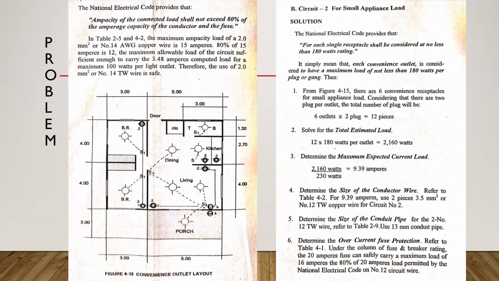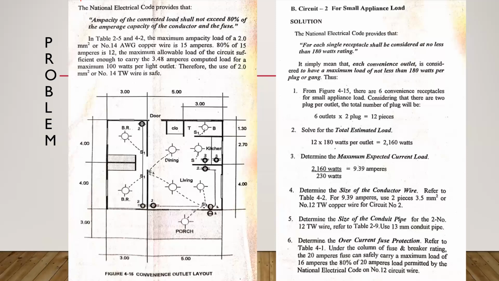And 80% of the 15 amperes is 12 amperes, which is the maximum load na makukonsider of the circuit sufficiency enough to carry yung ating computed na 3.48 amperes. For maximum 100 watts per lighting outlet. Therefore, again, we will use number 14 wire. Kasi safe din siya sa ating computation.